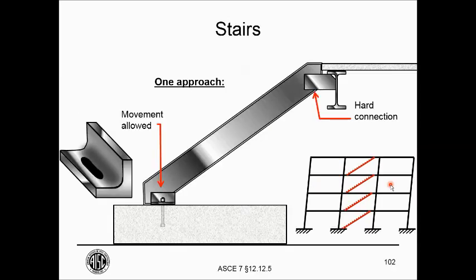So here's an example of a connection that might be used where the stair is tied hard into, in this case, say, the second floor, and then has a detail at the first floor where relative movement is allowed in the stiff direction of the stair stringer.